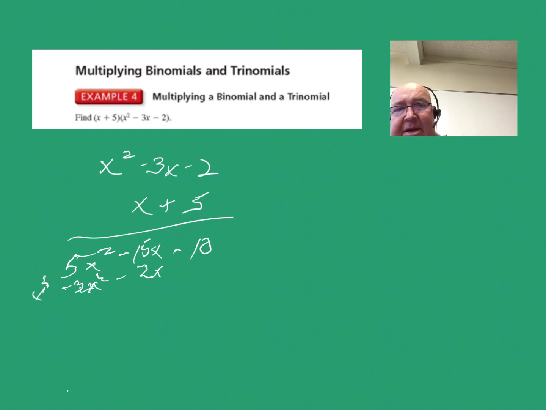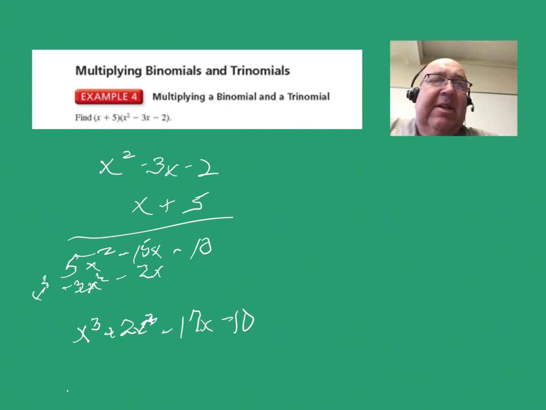So again, I write my terms x cubed plus 2x squared minus 17x minus 10. Just like we did with the other problems, we could do an area model just as simply.